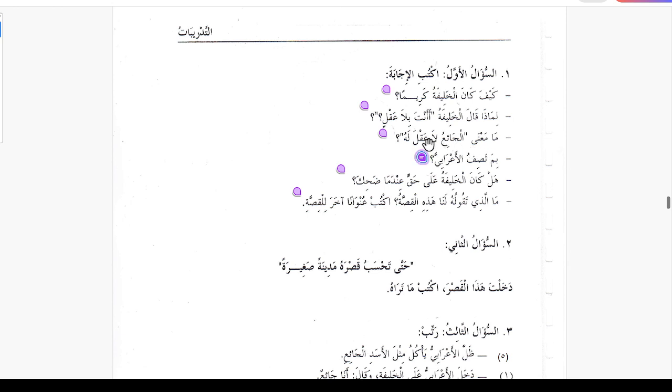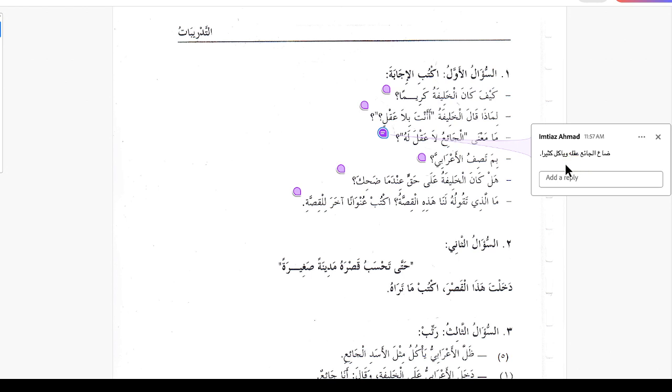Ma mana al-jayu la aqla lahu, what it means when we say that the hungry person does not possess the brain. When the person is hungry, his brain or his intellect goes away. So what does that mean? Al jayu aklahu. So the hungry person lost his mind, his intellect.